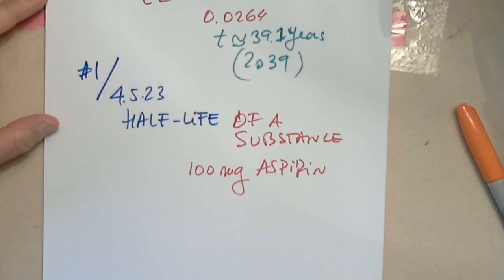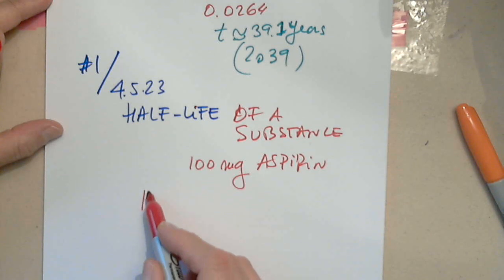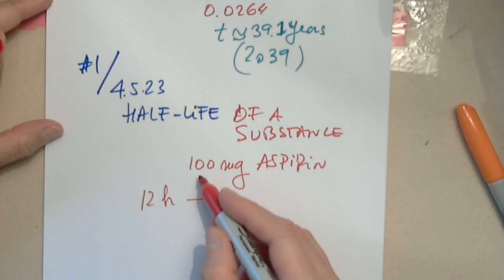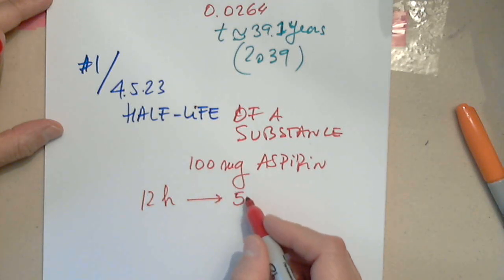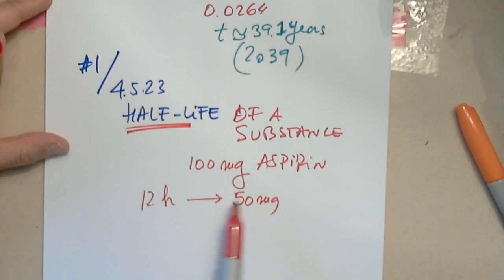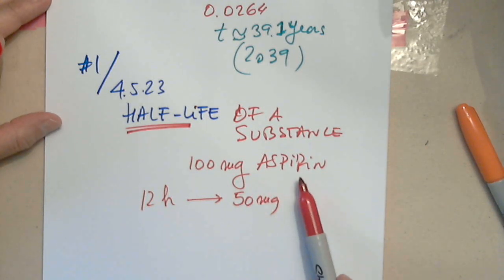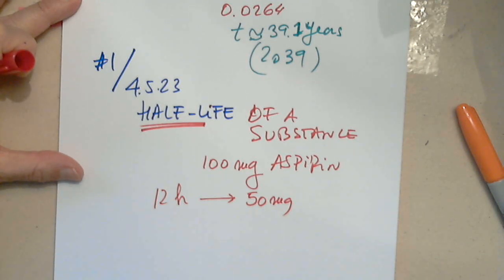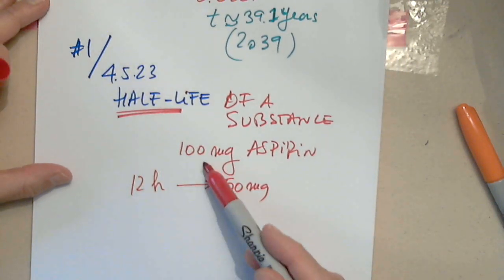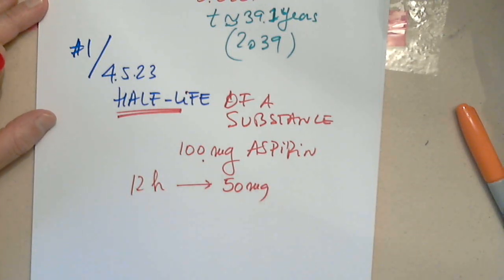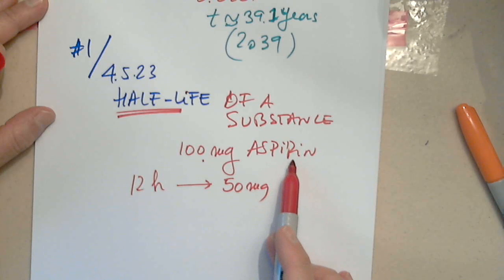And after I take the aspirin, 12 hours later, the aspirin in my bloodstream from 100 milligrams drops to half. Because we are told, and they experimented that, they calculated that, and they said aspirin has a half-life of 12 hours.